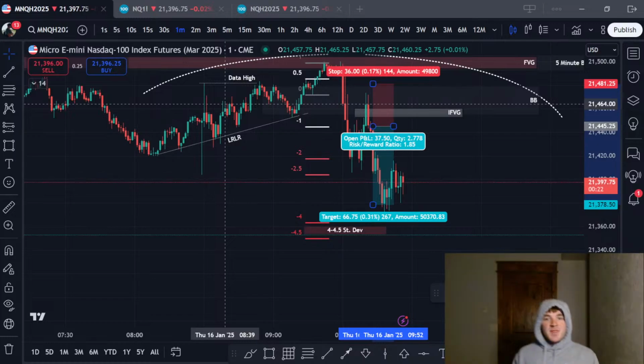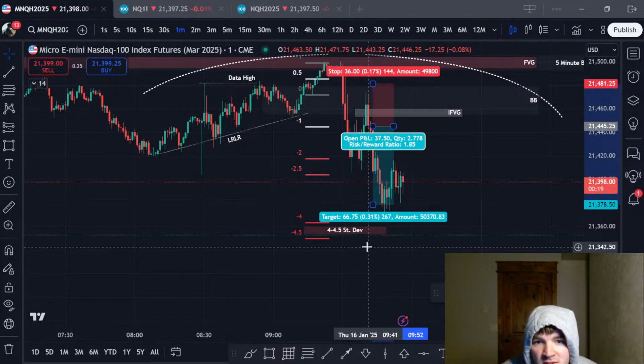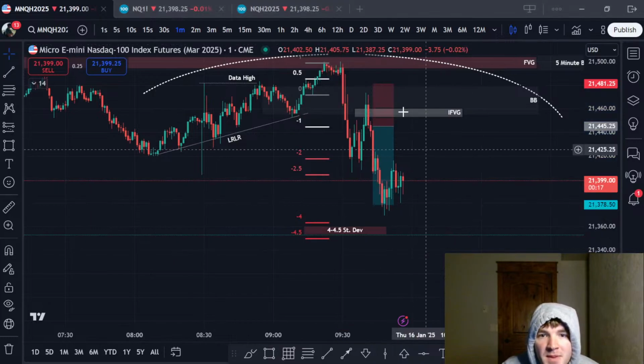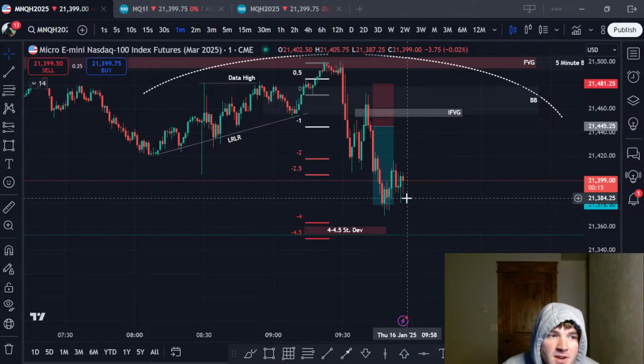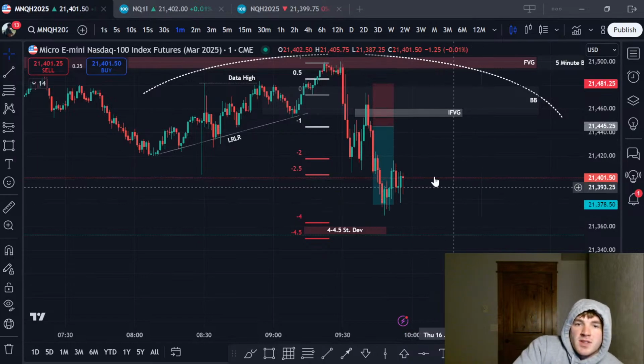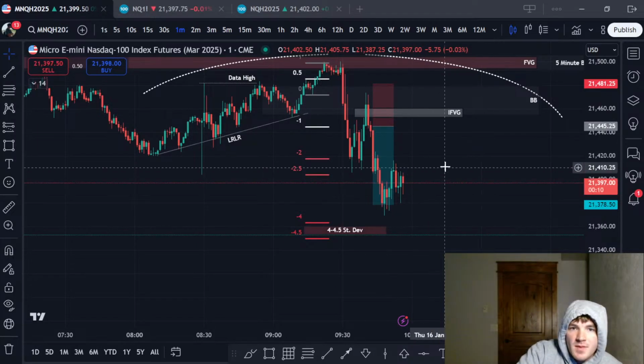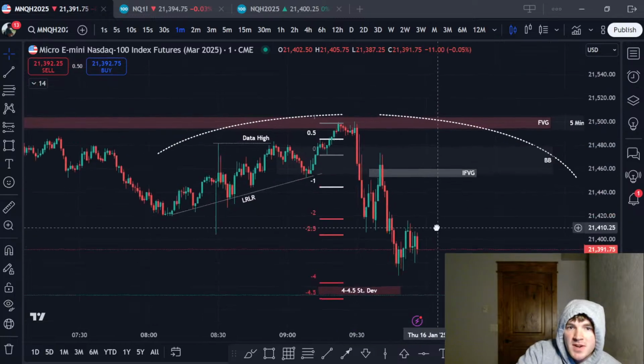And I mean, that was actually before 10 a.m. too. I bet you we're gonna have another leg lower here pretty shortly, maybe on a retracement to this breaker right here.